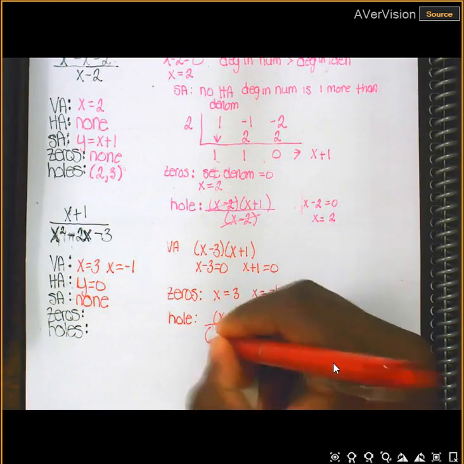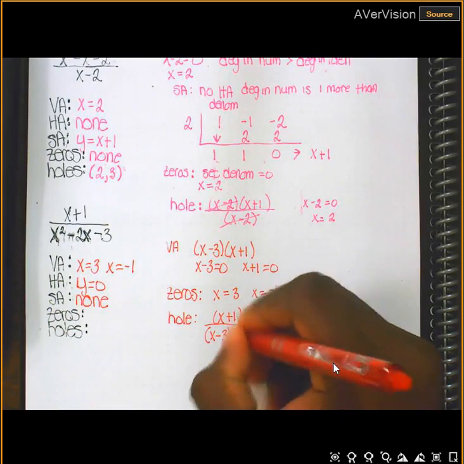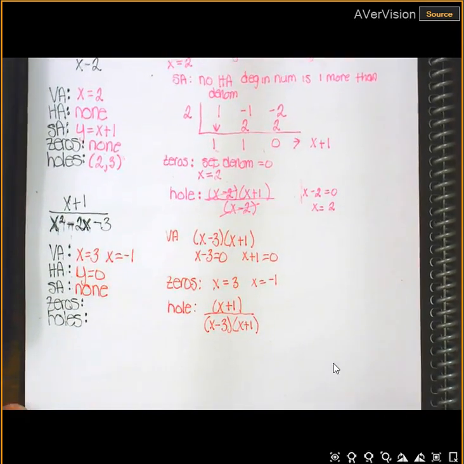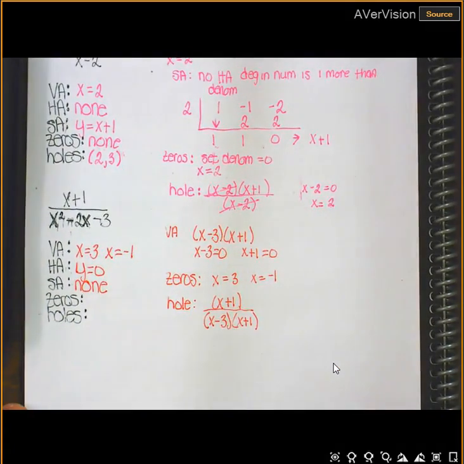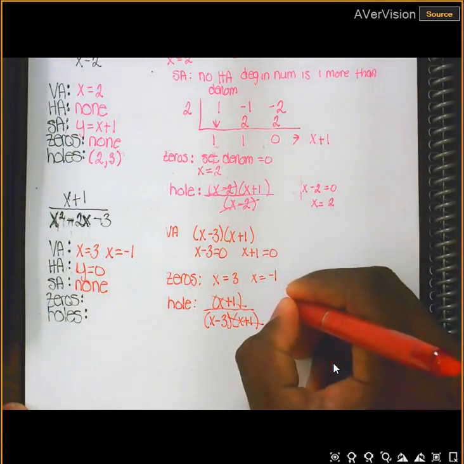All right, the numerator is already factored, and we factored the denominator earlier. So do we have a hole? Yeah. The x plus 1 cancels out, so we have a hole with an x value of -1.